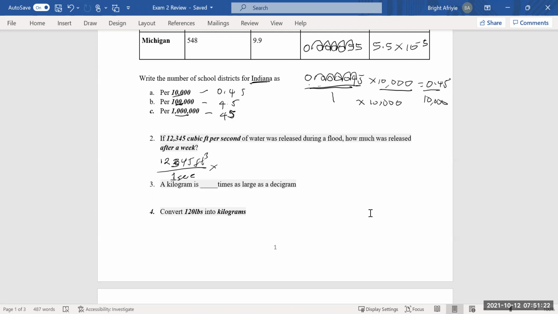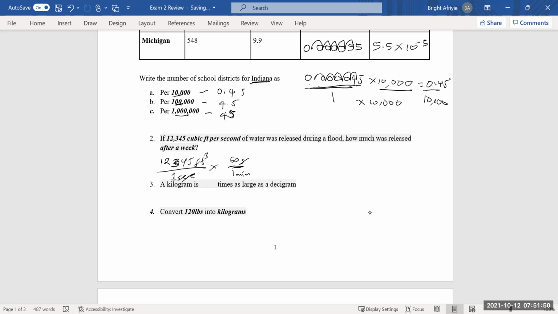So we're going to use dimensional analysis. So you ask yourself how much water was released per minute. All right, and we know that 60 seconds is what? 1 minute. All right, so the goal is to change this. So seconds will take care of seconds.